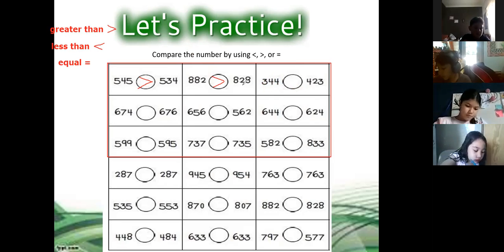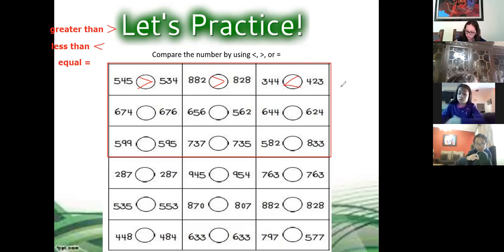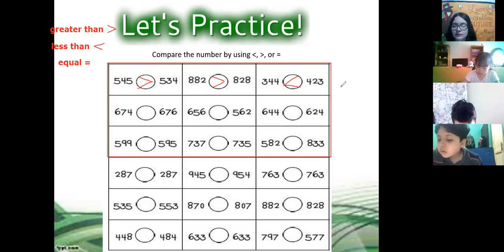So we're going to draw the less than sign. That's going to be less. Excellent, Rebecca. Congratulations, great.